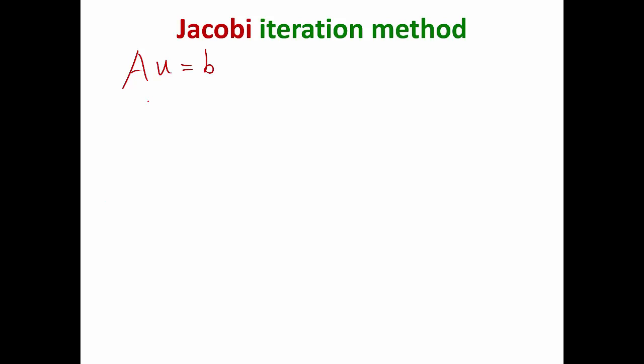A diagonal matrix is basically only non-zero along the diagonal of the matrix, otherwise it's zero. So if we need to solve a diagonal matrix times U equal to B, what would you do? Can somebody tell me how you would solve this if D is diagonal? Yes?